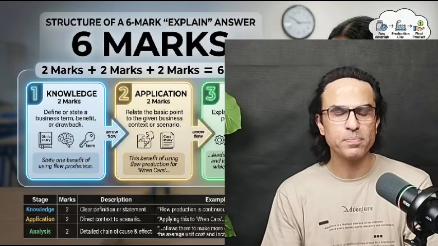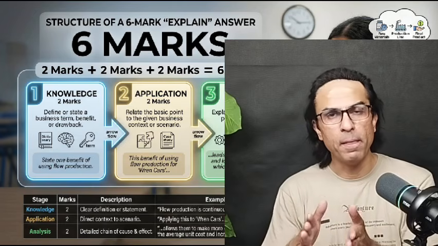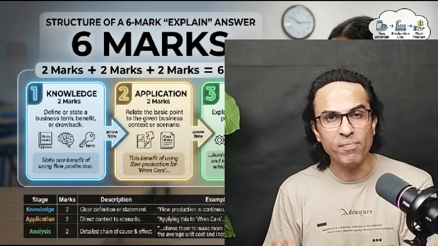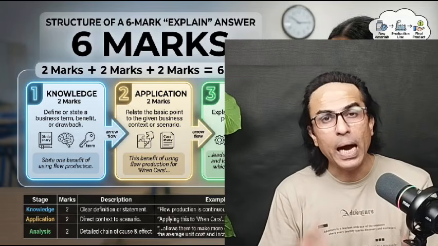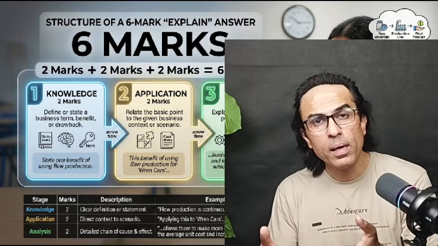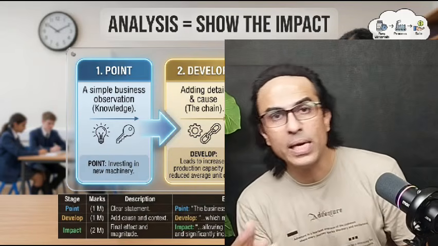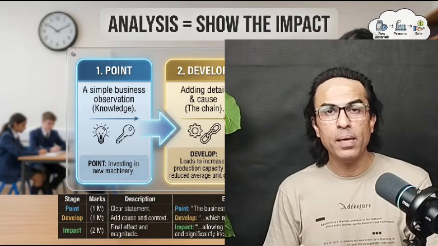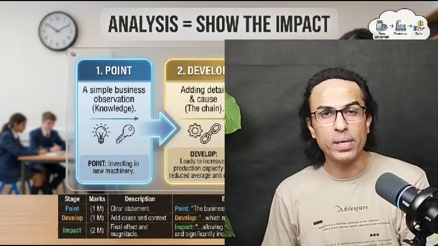I'll be sharing it. So you will relate your answer if you develop your point in a way that the advantage is visible, that how it would be advantageous to a business. So convert that point into an advantage and show the effect on the business, that how this could be an advantage to a business.